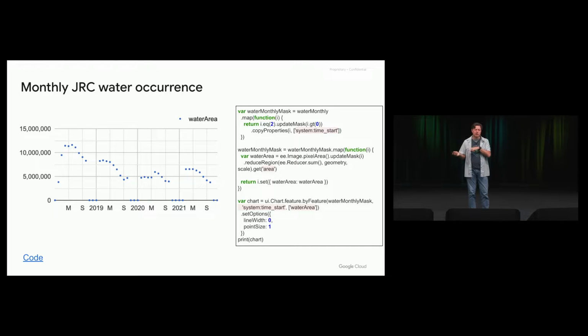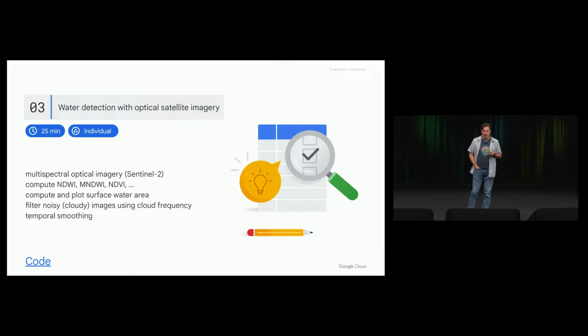Once you map this function over every image and you know your boundary area, you will be able to just add this computed property and return it back, and then we can just plot a chart, and that will be our quantified surface water area. So this is a trivial way to detect water dynamics, if the accuracy you will get here would be sufficient.